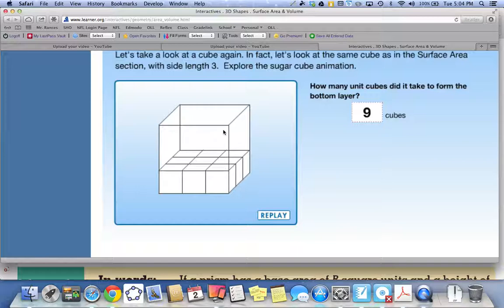There are 3 layers of 9 cubes in this prism, so there will be 27 cubes. So the volume of this cube is 27 cubic units. That's what volume is.